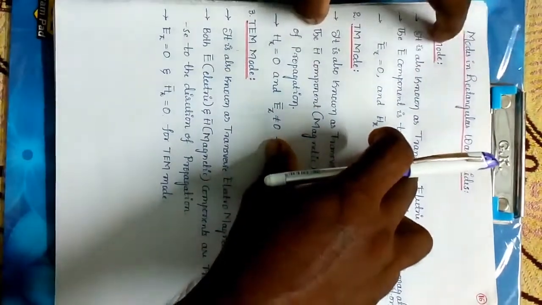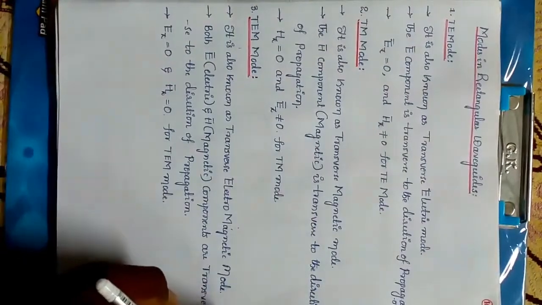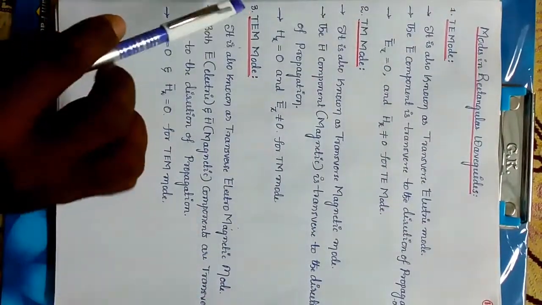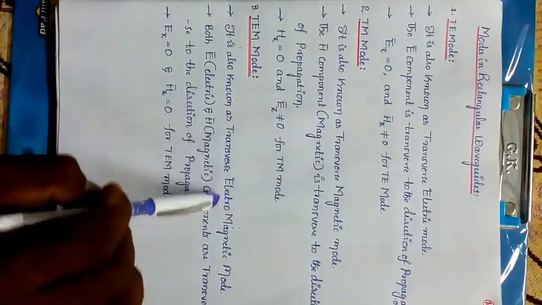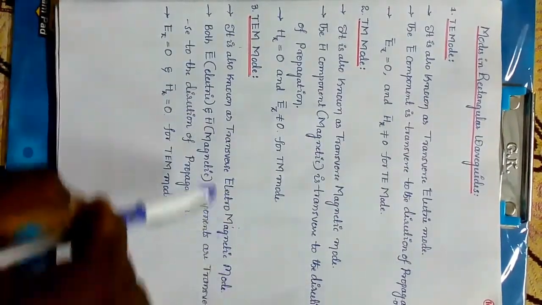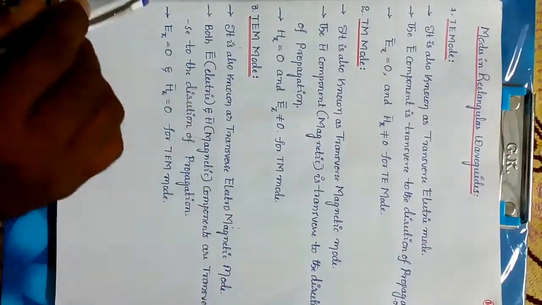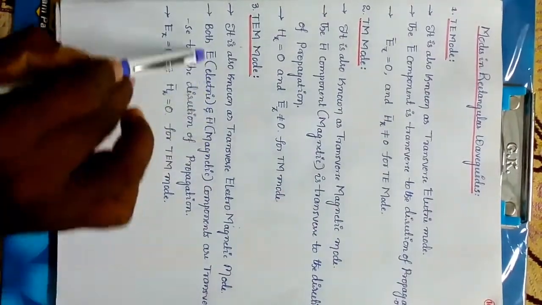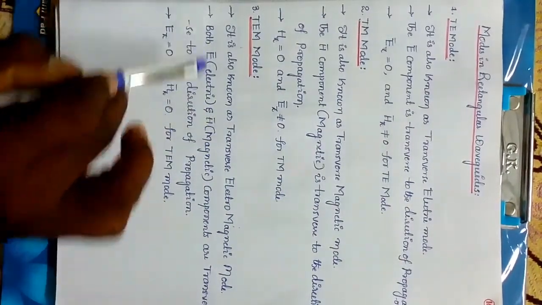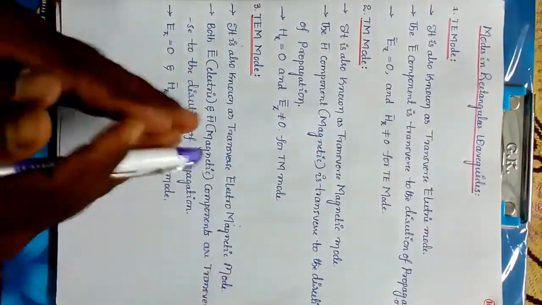In a rectangular waveguide these 2 modes exist, but the TEM mode does not exist. Just see how and why it does not exist. The TEM mode is also known as the transverse electromagnetic mode; this is the simple shortcut name, remember it. Here both the electric and magnetic components, both E and H, are transverse to the direction of propagation.